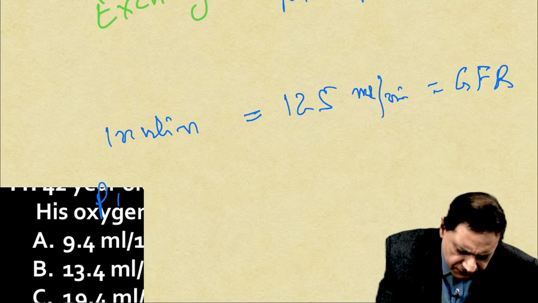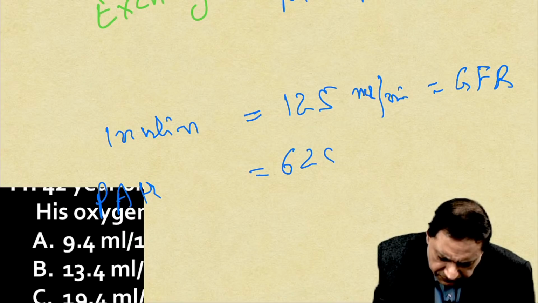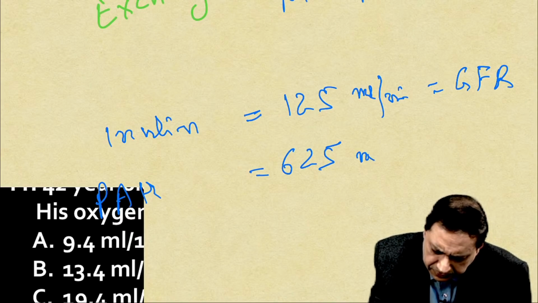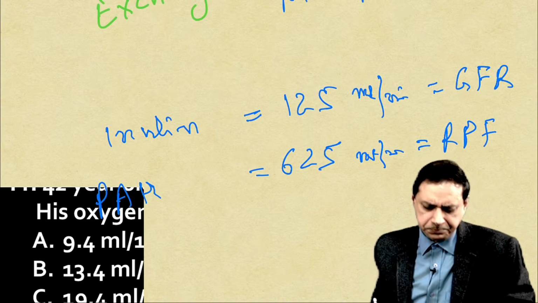And clearance of para-aminohippuric acid is equal to 625 ml per minute, which is equal to renal plasma flow.